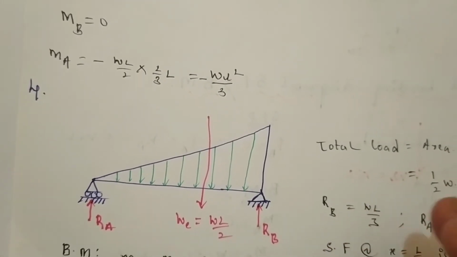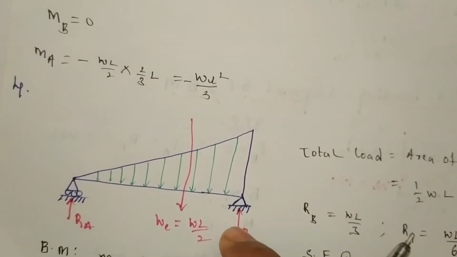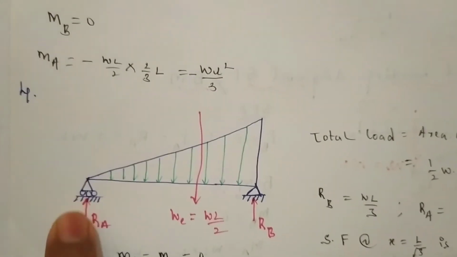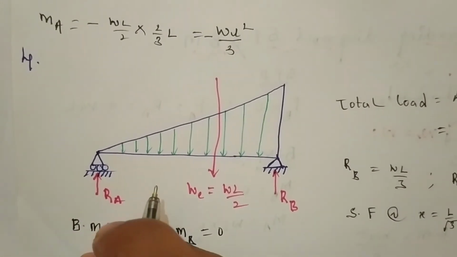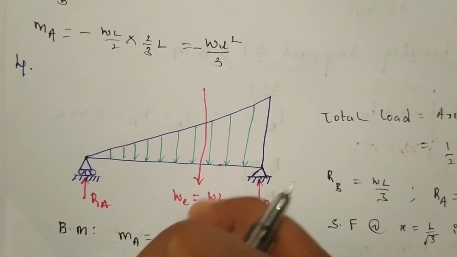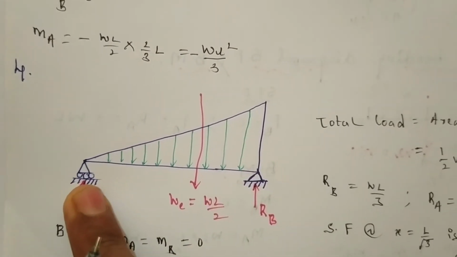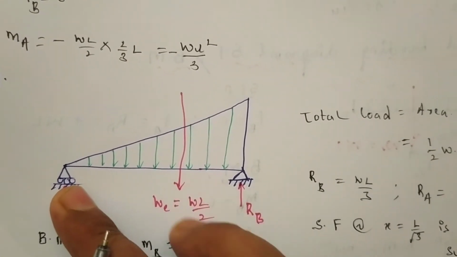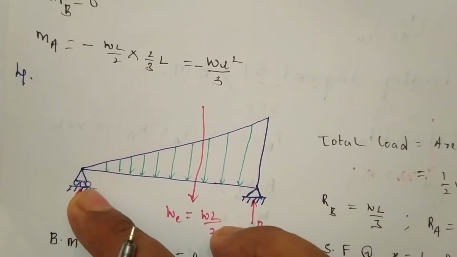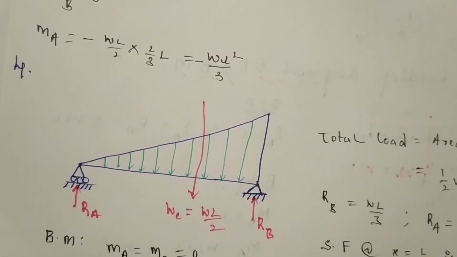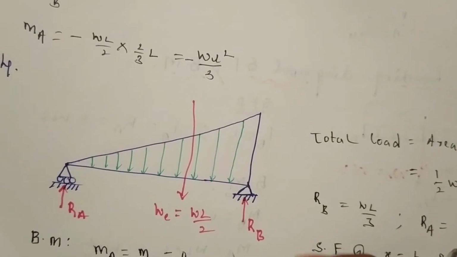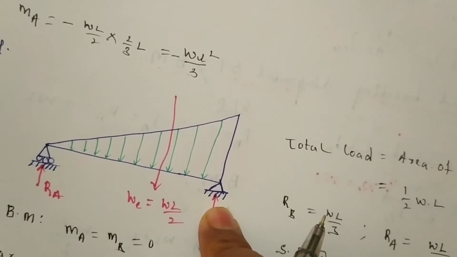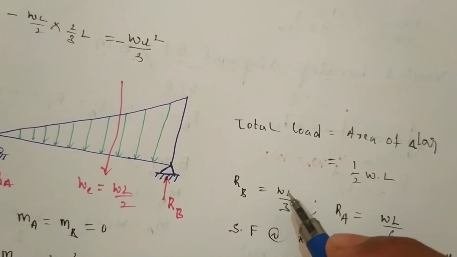For the shortcut method, RA equals load into opposite distance divided by total length, and similarly RB equals load into opposite length divided by total length.